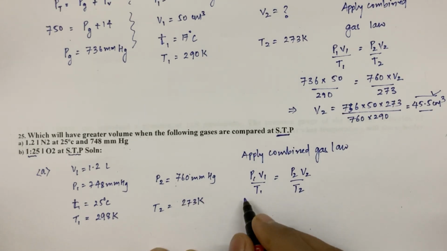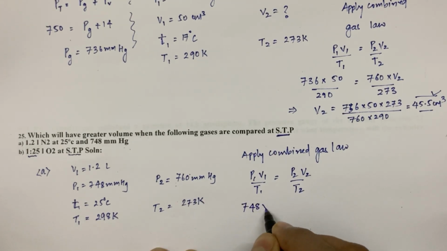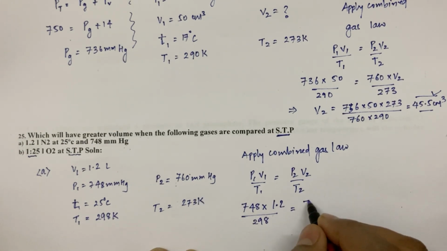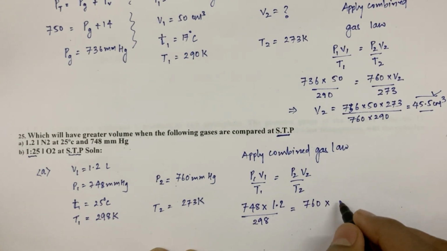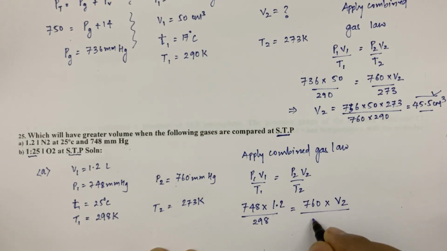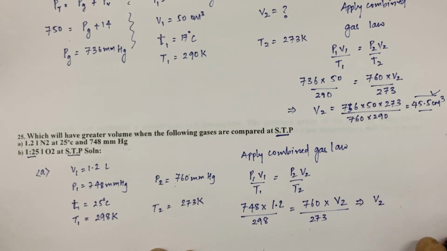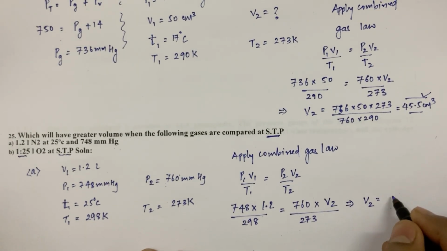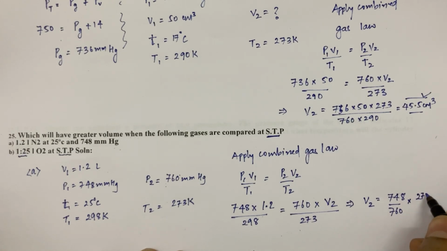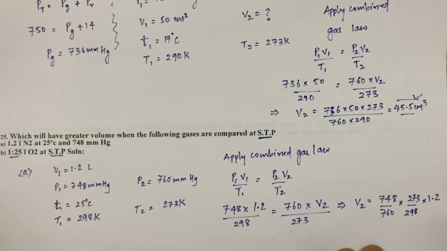So here see, P1 is 748 into V1 is 1.2 divided by T1 is 298, that's equal to P2 is 760 into V2 we need to find, and T2 is 273. So that implies V2 is equal to 748 divided by 760 multiplied by 273 by 298 into 1.2.